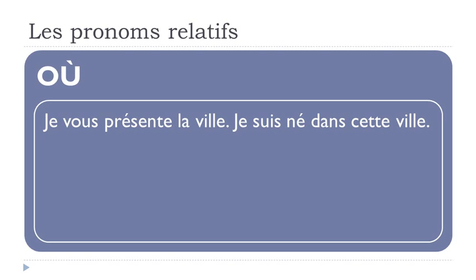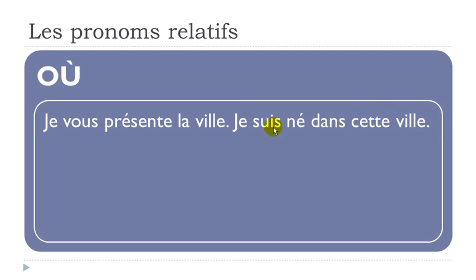So, je vous présente la ville, je suis né dans cette ville. So je vous présente, présenter, to present, la ville is the town. Je suis né, I was born, dans cette ville. So in that case, have a look.